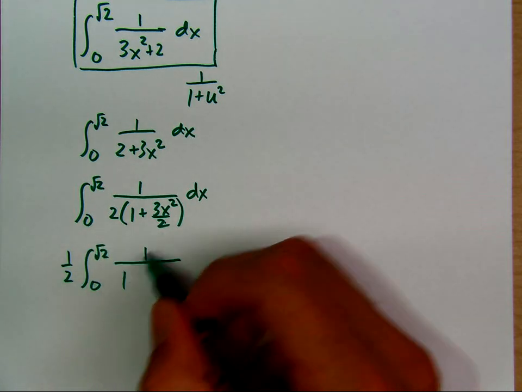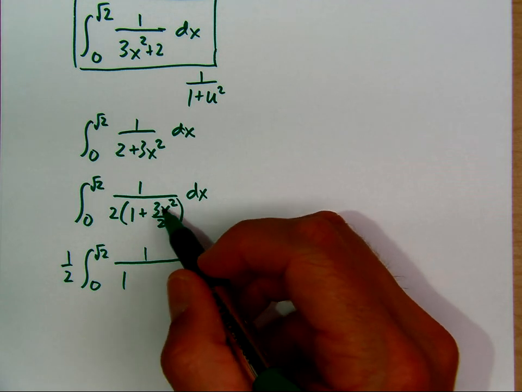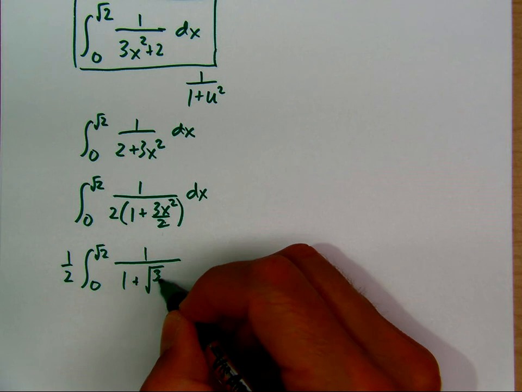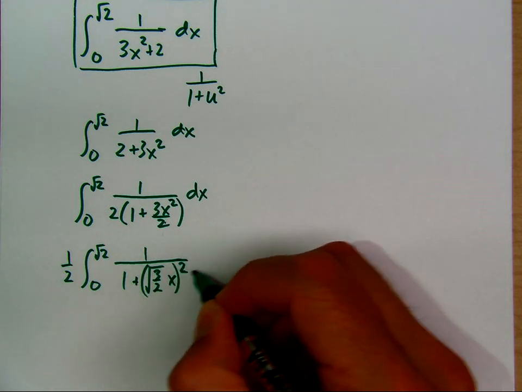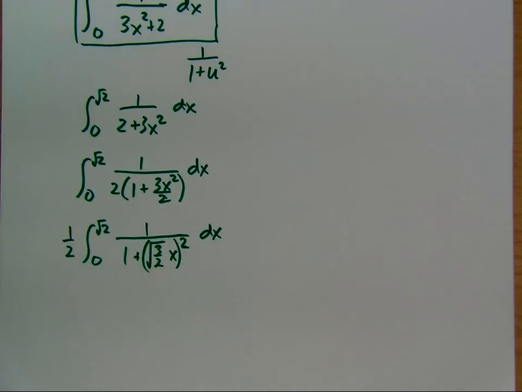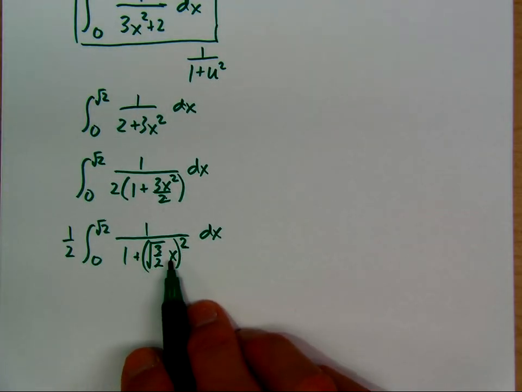And we need to make this one expression squared, so that has to be radical 3 over 2 times x, squared. And we can check: if we square this, it'll give us 3 over 2 x squared. That'll be the same, so we know that's correct.